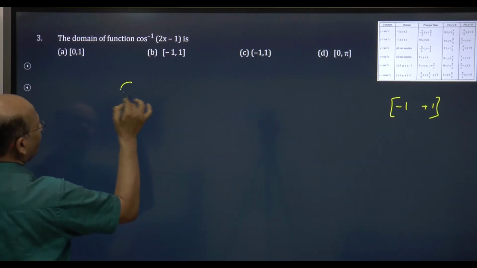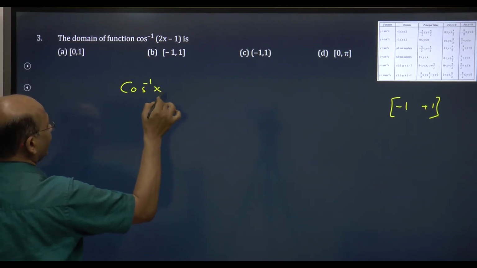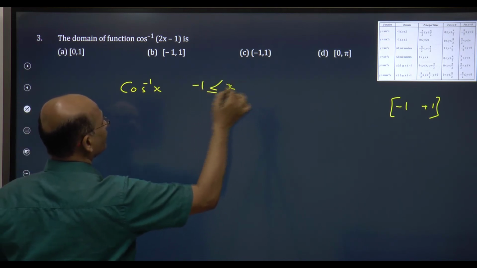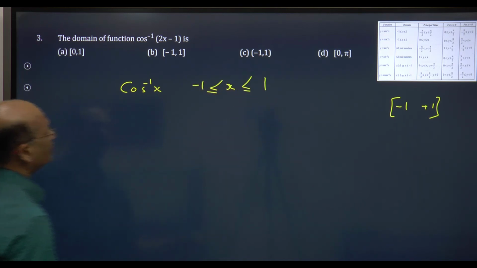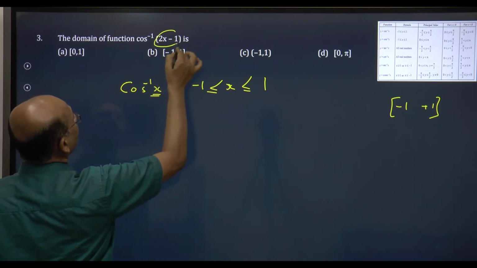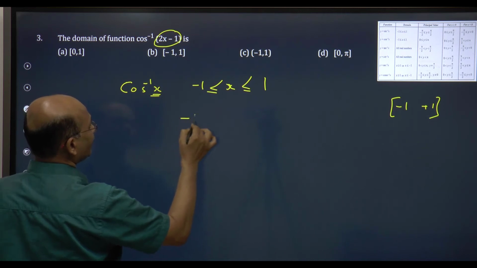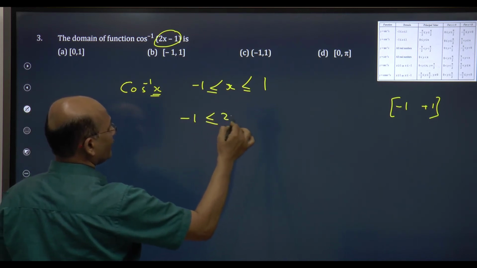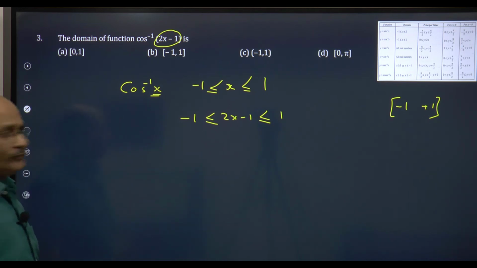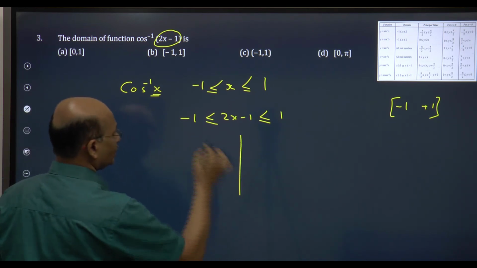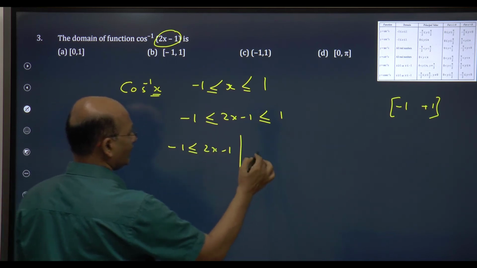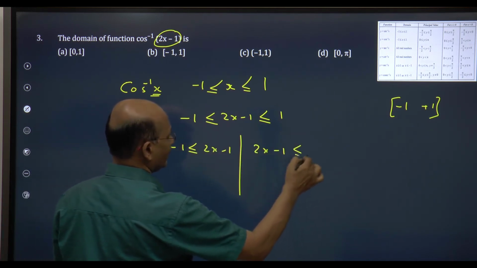For cos inverse x, the domain is x greater than or equal to minus 1 and less than or equal to 1. Now x is replaced by 2x minus 1, so minus 1 is less than or equal to 2x minus 1, which is less than or equal to 1.